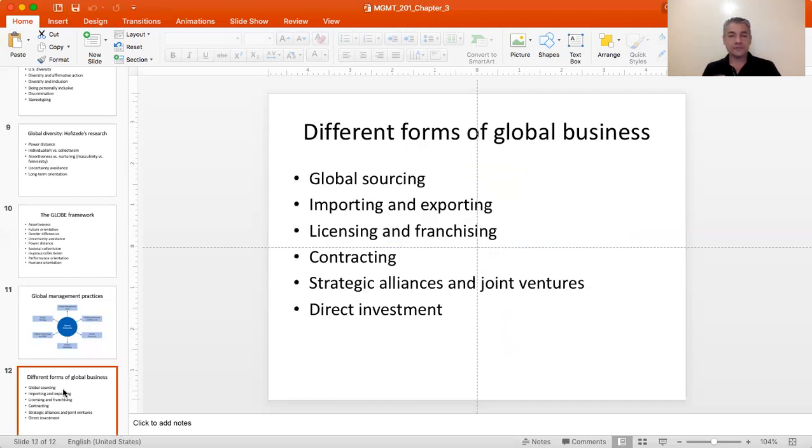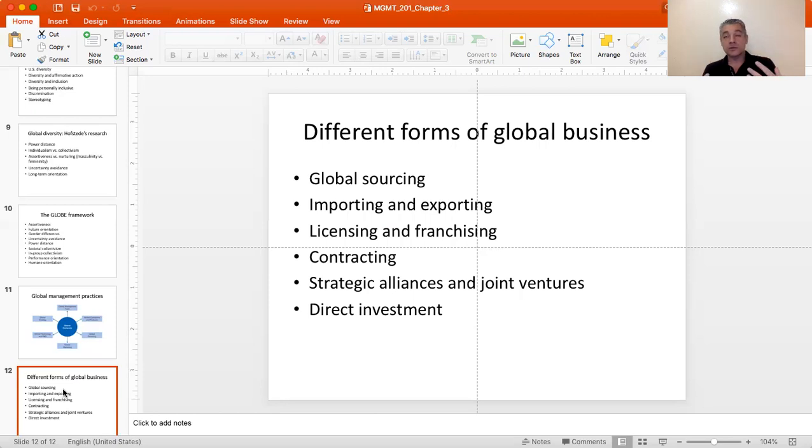In terms of different forms of global business, again, it depends on the extent to which you want to be incorporated in this global environment. Some of that could be just global sourcing, right? As you manufacture, you source your inputs from elsewhere. And now most of the products, even of the ones manufactured in the United States, will have components that are manufactured in China or somewhere else in Southeast Asia, sometimes in Mexico, sometimes in South America, sometimes in Eastern Europe.